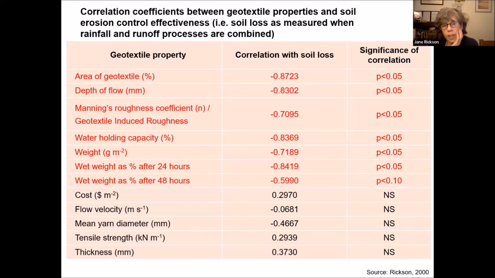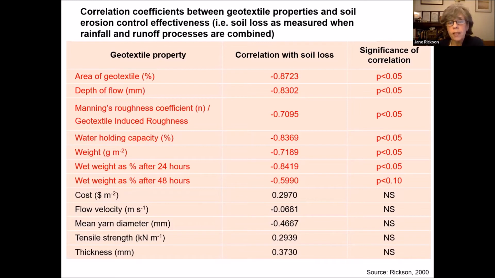So we thought, oh well, why don't we correlate these geotextile properties that we thought would be important in affecting their performance? And we correlated those properties with soil loss. And you can see, not surprisingly, things like area of the geotextile, the depth of flow I mentioned, the Manning's roughness coefficient, the water holding capacity, the weight of the product when it was wet.